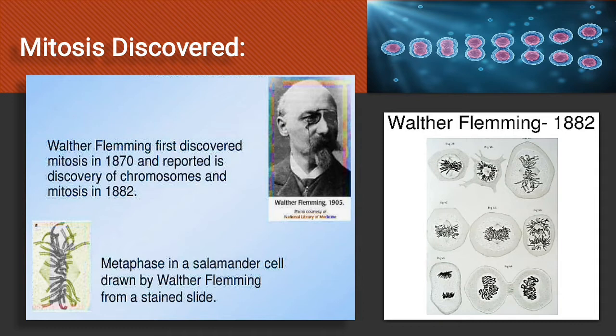He explained the process of how cells split and separate their chromosomes. He first discovered mitosis in the year 1870 and reported this discovery of chromosomes in the year 1882. Based on the given illustration, the metaphase in a salamander cell was drawn by Walther Flemming from a stained slide.